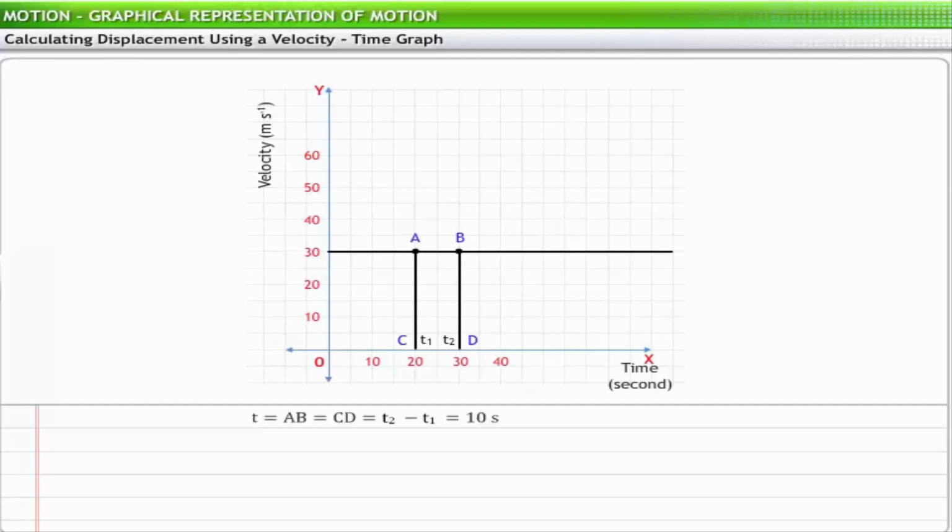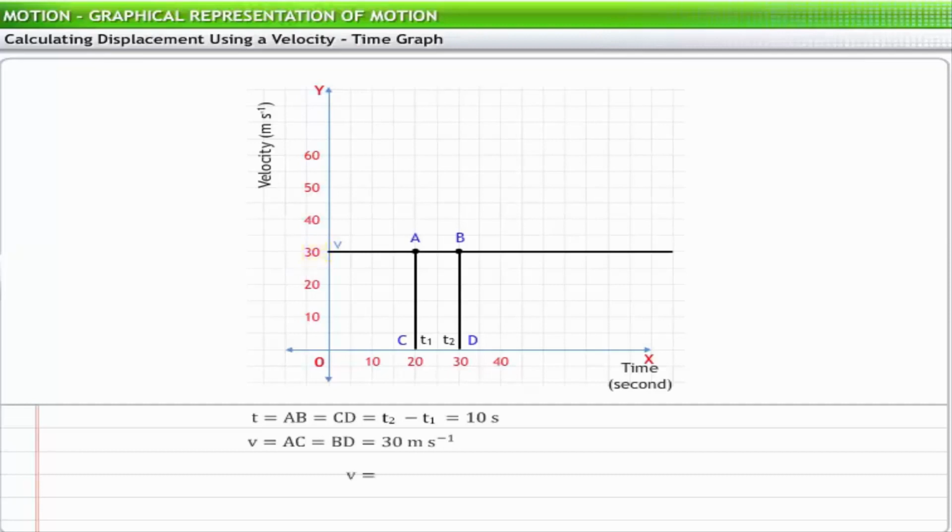Since the car is moving with a uniform velocity, the magnitude of its velocity is the same at all points on the graph. Velocity v = AC = BD = 30 meters per second.